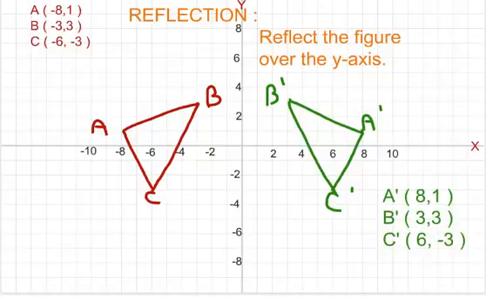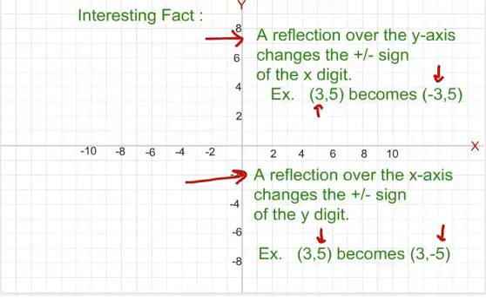If I use the y-axis line as the folding line, B would be exactly over B prime, A would be exactly over A prime, and C would be exactly over C prime. And as you can see, the coordinates for the image have also changed. So A (-8, 1) became A prime (8, 1). And that's how it goes.